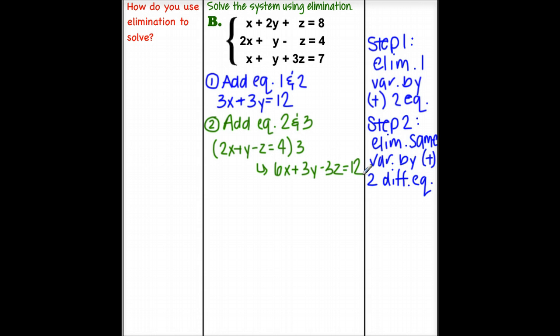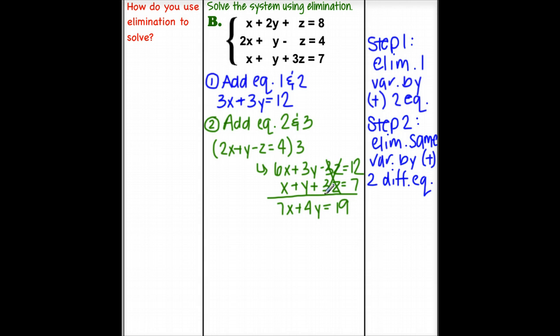And when I add that to x plus y plus 3z equal to 7, I get 7x plus 4y equals 19, since these cancel. So now I have two new equations.